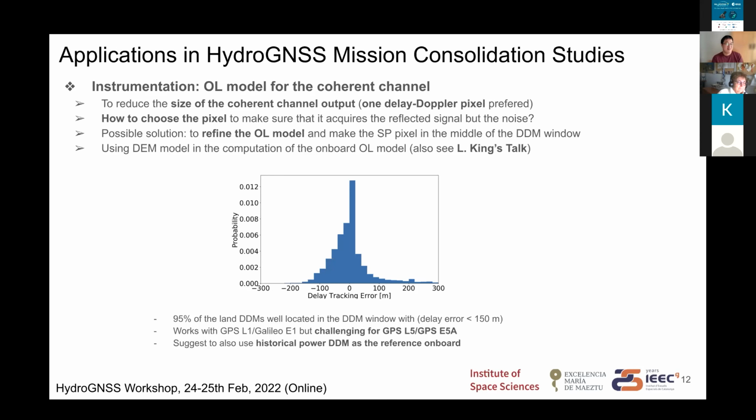But it's still challenging for L5 and E5 signals. I think we need to investigate further on this topic.